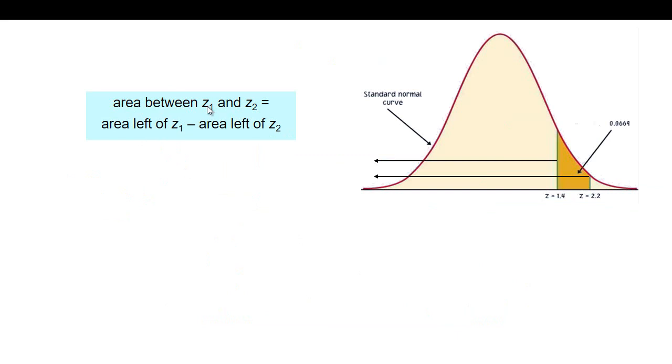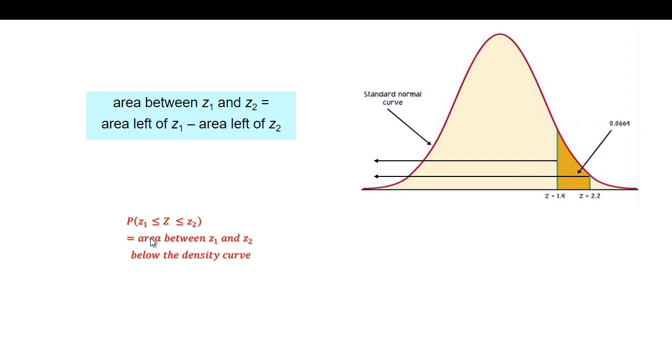The area between two values of z, z1 and z2, would be the area to the left of z2 minus the area to the left of z1. For example, if I want to look at the shaded area between 1.4 and 2.2, we can find that by first finding the area to the left of 2.2 and the area to the left of 1.4, and then subtracting the smaller area from the bigger area to get the shaded area.